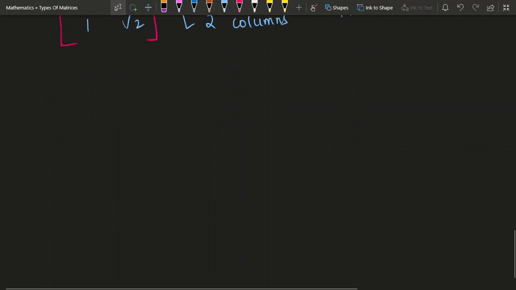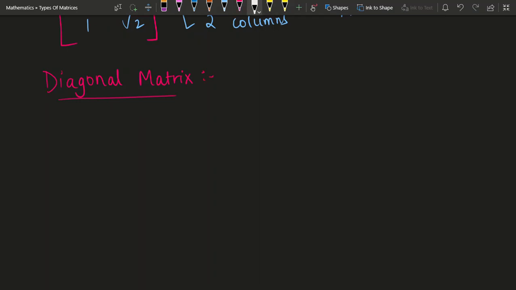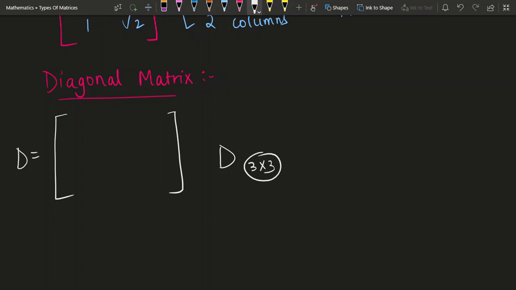You also have something called a diagonal matrix, and as the name implies, it just has a diagonal. If you have a 3 by 3 matrix, let's name it D. In the matrix D, you have 9 entries, 3 rows, 3 columns.